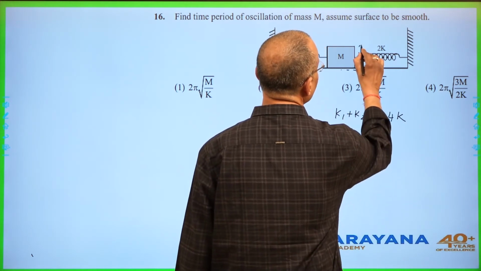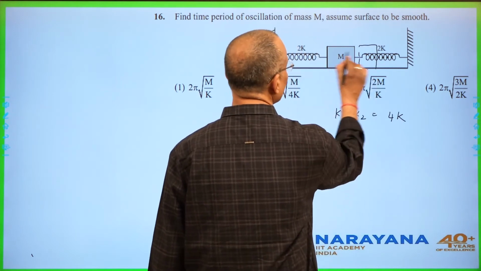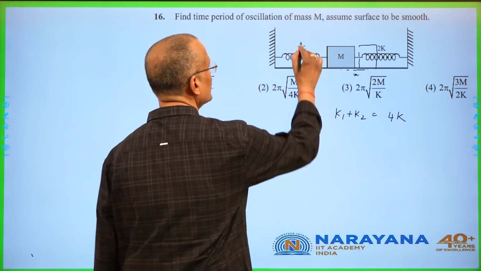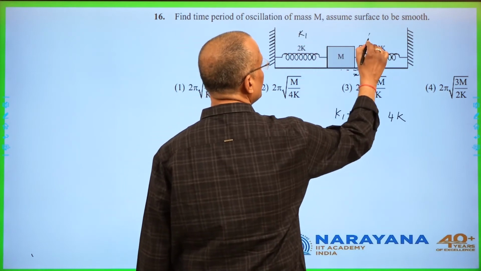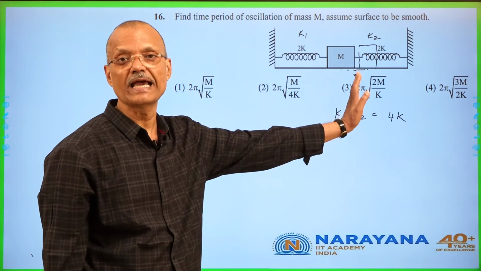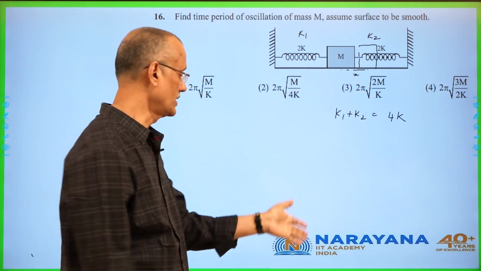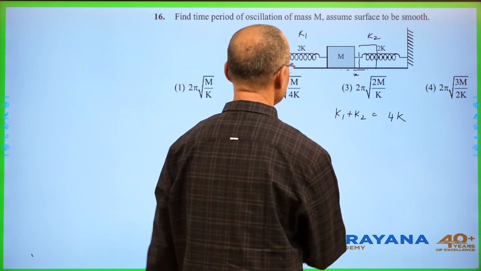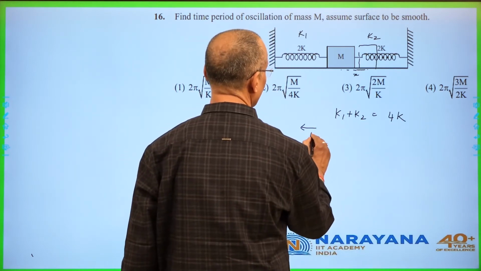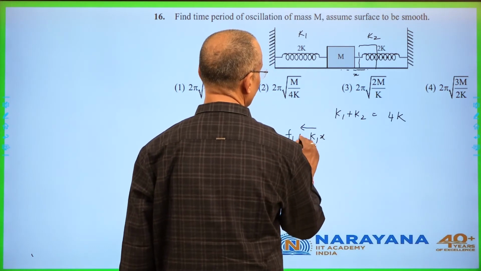Move it a bit by distance. I am taking distance x. So what will happen? It will be stretched by distance x. Let us take it is K1, it is K2. Then this spring is stretched by x. The restoring force will act in this direction, towards my left hand, K1x. This is first restoring force.